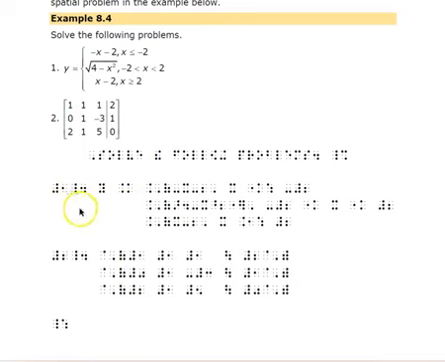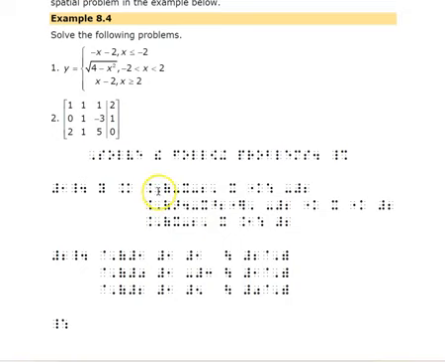This is number sign 1, 4, 5, 6, period. Then we have y, then we have equals. We have an enlarged opening brace. That sits in front of each of the number sentences, and the number sentences are on top of each other. Okay? So the first line mimics the first line in print.